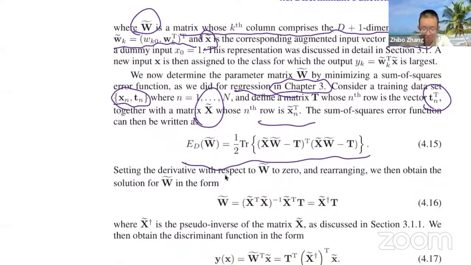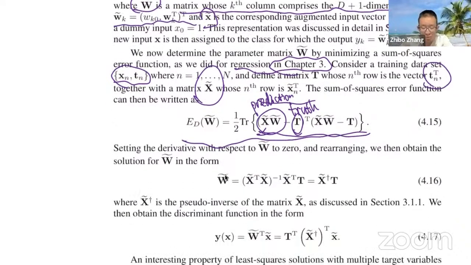So basically, this is the ground truth, and this thing is actually your prediction. You're calculating the difference between your prediction and ground truth, and then taking the square.